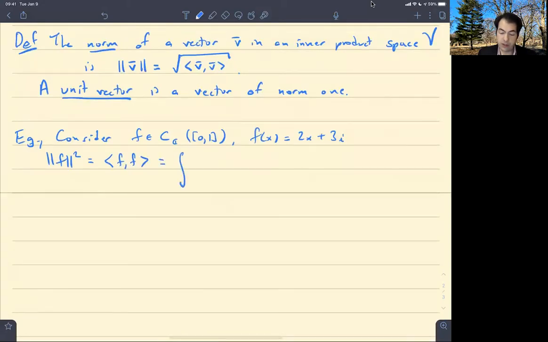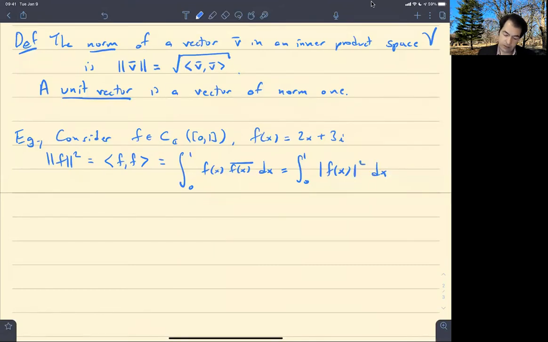If we're using the inner product from the previous set of examples, then this is the integral from 0 to 1 of f of x times f of x bar dx, which is the same as the modulus of f of x squared.